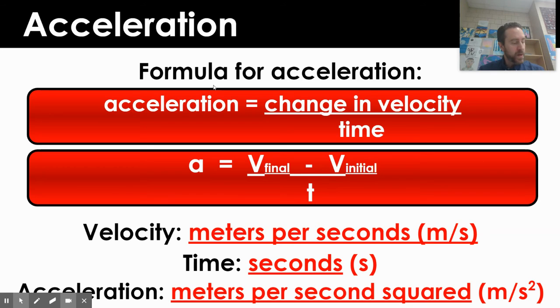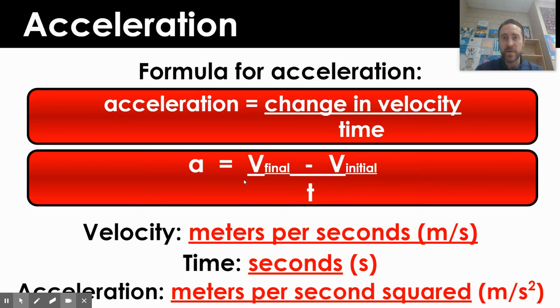Okay, here's what you're going to need for number 8. You're going to need to know the formula for acceleration, so please write this down. Acceleration is a change in velocity divided by time. How you find that is this: acceleration equals your V final, or your final velocity.